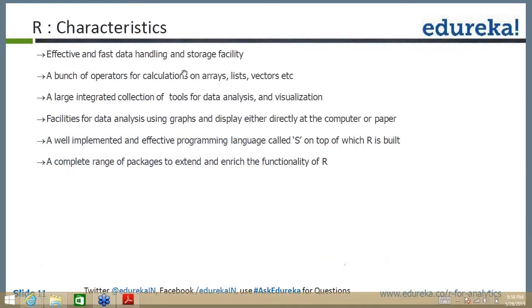Effective fast handling storage, a bunch of operators for calculation of arrays, lists, vectors. Data analysis and visualization. In fact, I would say that R's visualization is definitely superior to SAS or any other tool for that matter, right? It has got very rich visualization. Well implemented effective programming language called S, on top of which R is built. A complete range of packages to extend, enrich the functionality of R, right?